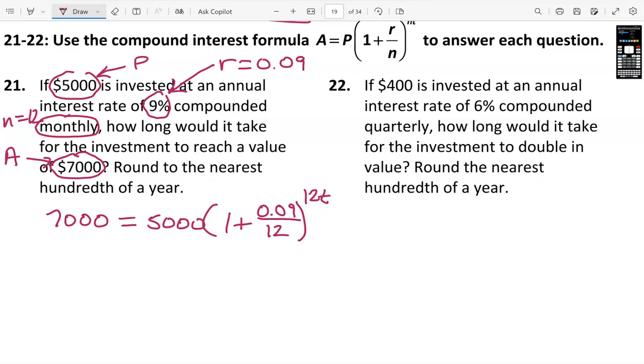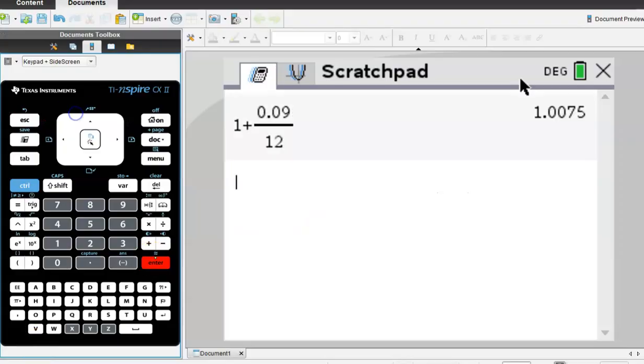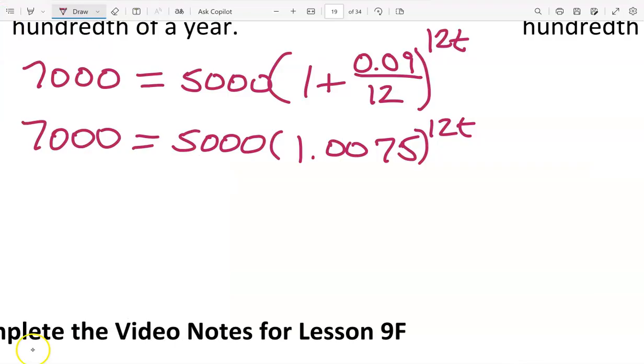If you want to start by simplifying the way this equation looks by finding the value of the inside of the parentheses as a decimal, that can be done, but we don't want to round that value, so we're going to leave it as 1.0075. Next, we can divide both sides by 5,000, which will give us the fraction 7/5 on the left side of the equation, equal to 1.0075 raised to the 12t power.